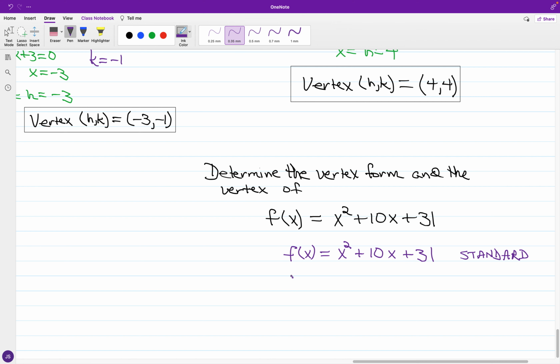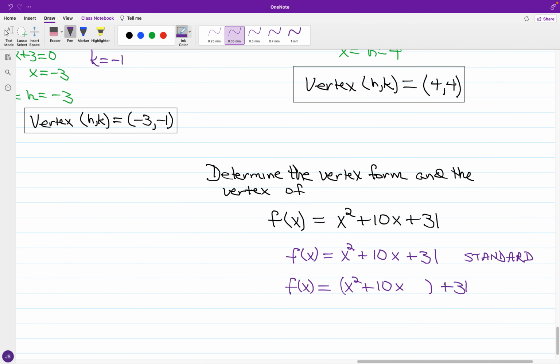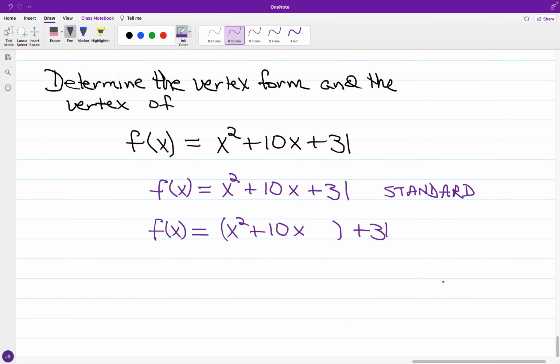So for quantifying the variable terms, I have x squared plus 10x put in the parentheses, followed by the addition of 31. Then crossing over into the stage of completing the square.